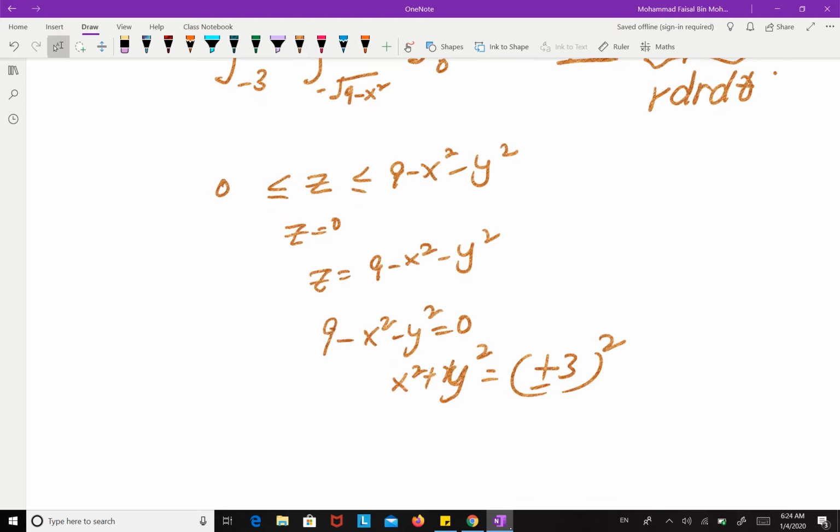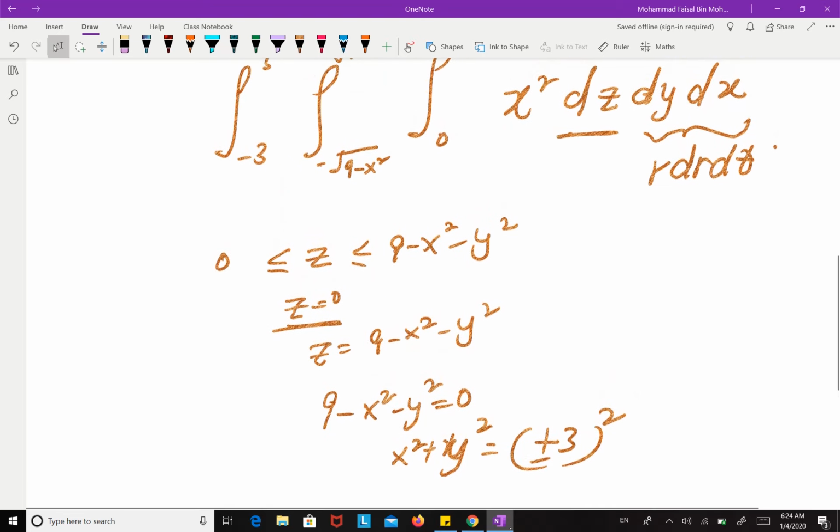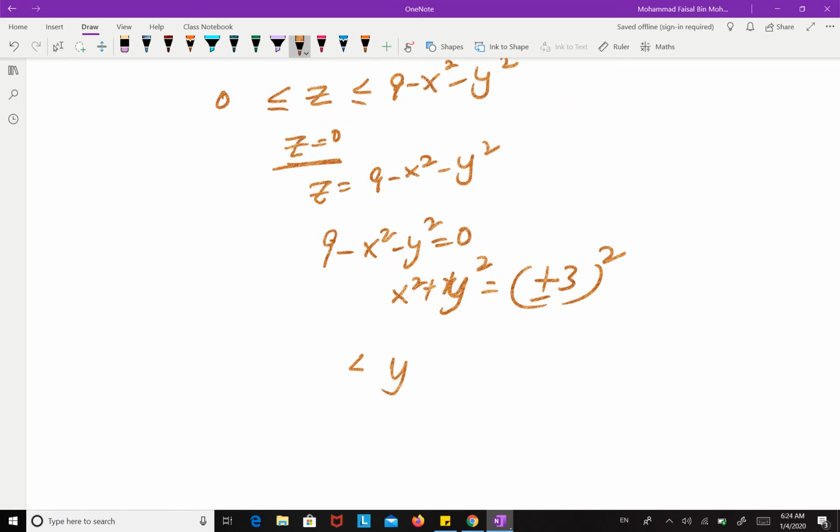Then you have y, from negative square root of 9 minus x squared to positive square root of 9 minus x squared.